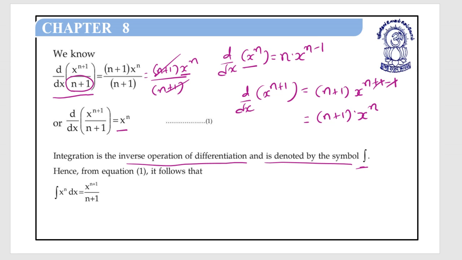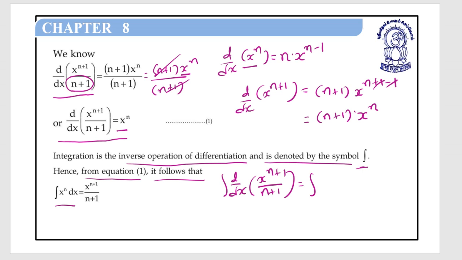Hence, from equation 1, it follows that integration of x raised to n dx is equal to x raised to n plus 1 upon n plus 1. Here, on both sides you can use the integration sign. So d by dx of x raised to n plus 1 upon n plus 1 is equal to x raised to n.